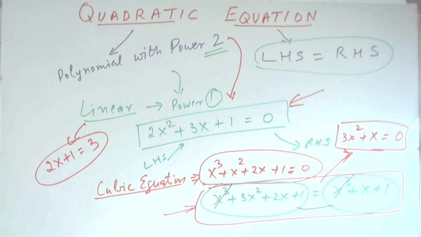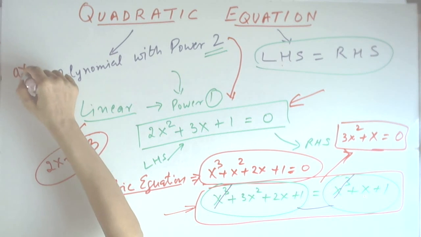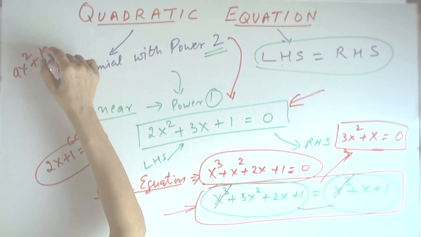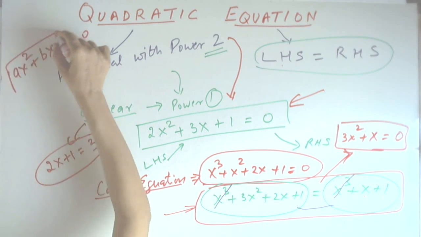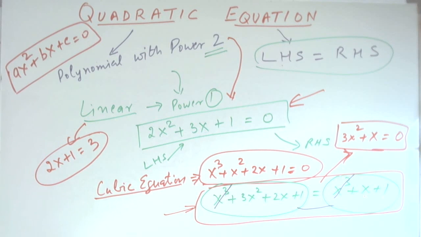What format we need to put? We should put ax square plus bx plus c equal to 0. So we simplify the equation first and put it in this format. That means on the right hand side we bring it to 0 and then check whether the equation is quadratic or not. Thank you.